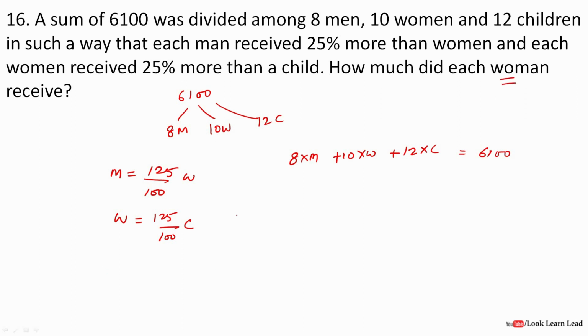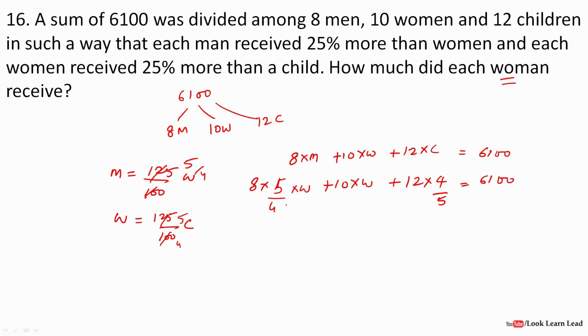So we'll convert everything in terms of women. 8 into men, where men is 125 by 100 of women, so 8 into 5 by 4 of women, plus 10 women, plus child in terms of women, which would be 100 upon 125. 12 into 100 upon 125, we can write it as 4 by 5. 12 into 4 by 5 equal to 6100.